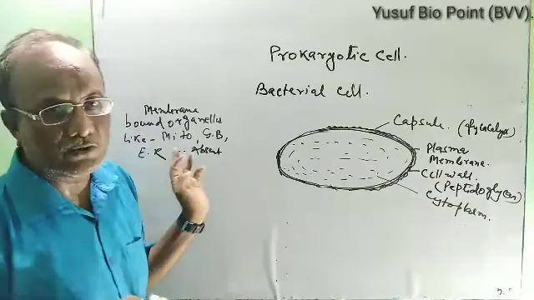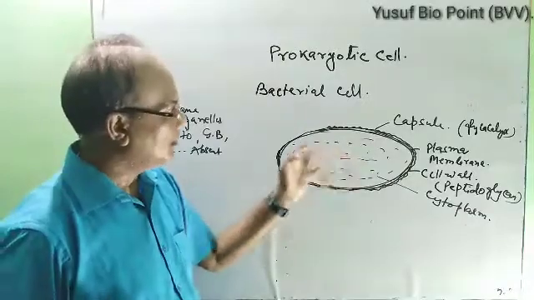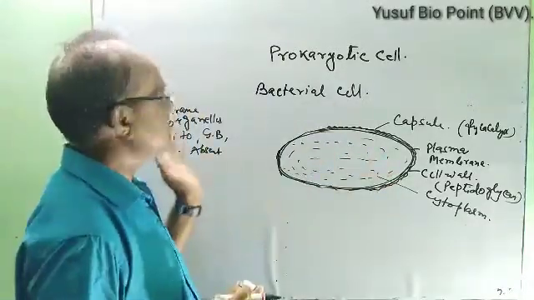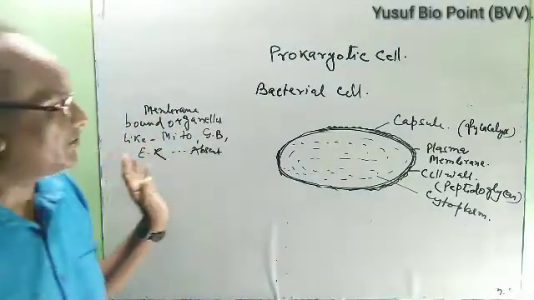These are found in eukaryotes, but in the prokaryotic cells these organelles are absent, not found.